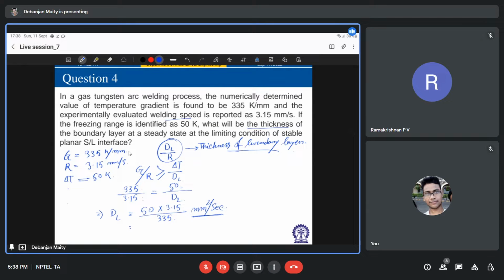So 50 into 3.15, that divided by 335. It's 0.47. So the DL value is known now, and then DL by R is giving you the boundary layer thickness.